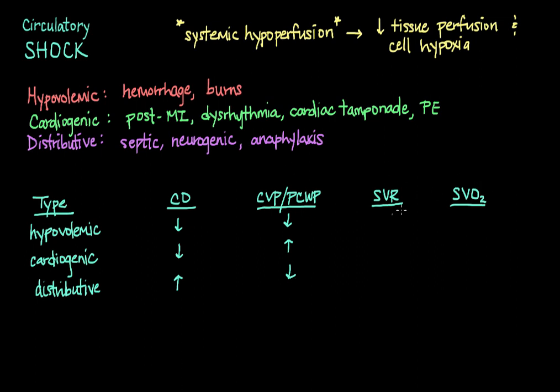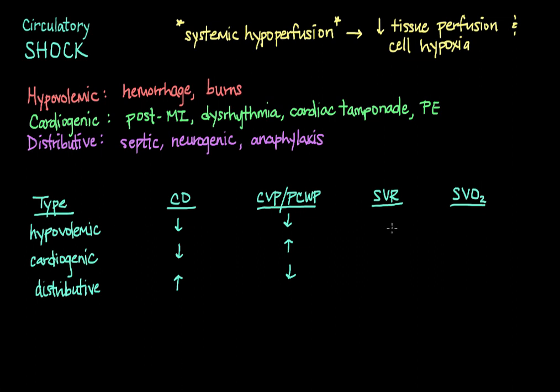Now on to systemic vascular resistance, or SVR. Now in hypovolemic shock, there is decreased blood volume. And in response to this, the vasculature tends to clamp down to narrow the diameter of the vessels to try to keep a consistent pressure throughout those vessels, and therefore keeping the tissues as perfused as possible.